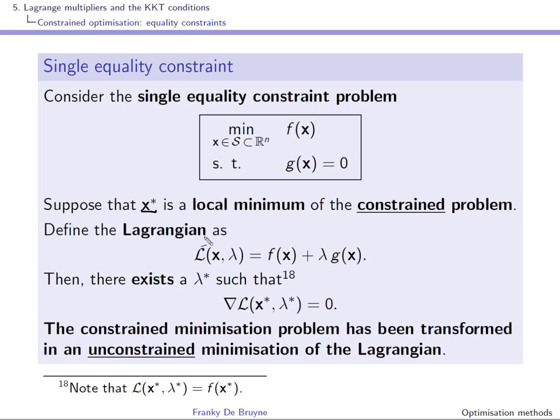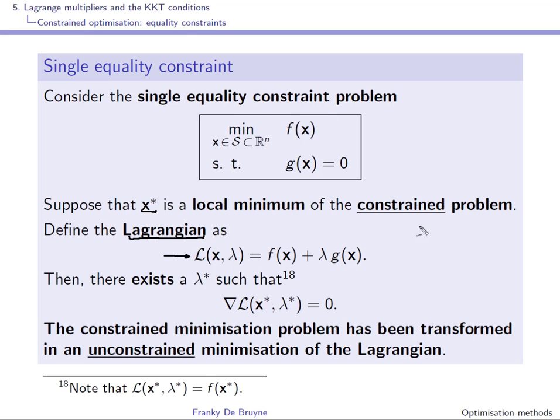What you can then do is define the so-called Lagrangian function, which is defined as follows. It is the original objective function plus lambda, the Lagrange multiplier, times the constraint function.